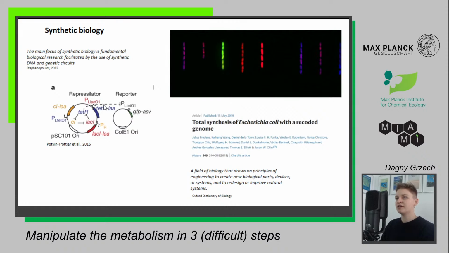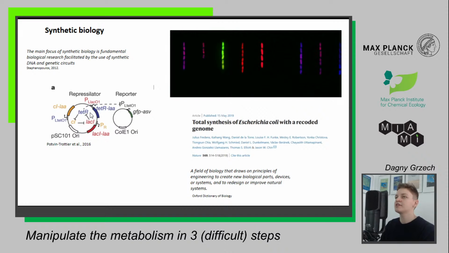So in here, as you see, we have this fragment of some genetic material that we put into bacteria, and it has 3 genes on it, TetR, LacI, and cI. And then there is another fragment of genetic material that is also put into bacteria that is green fluorescent protein. So it's basically a protein that fluoresces in green.